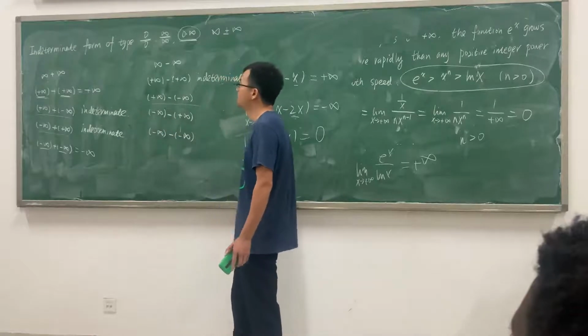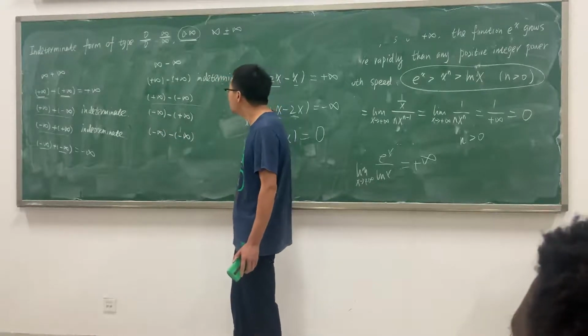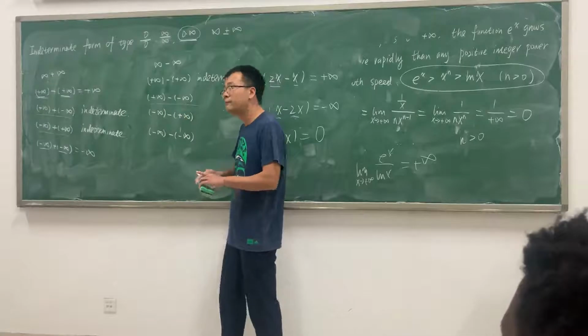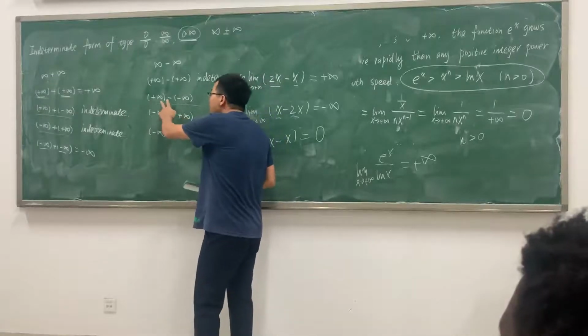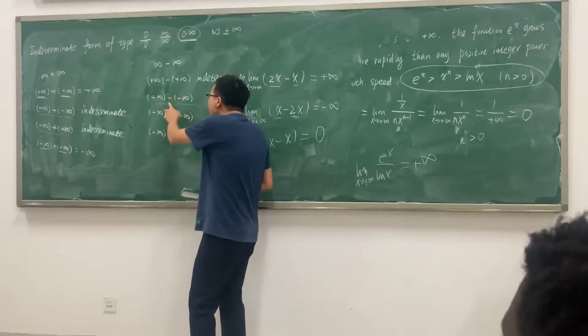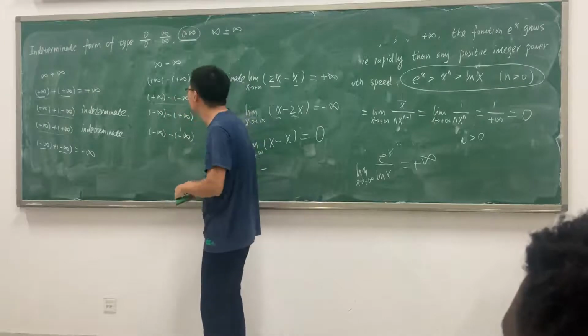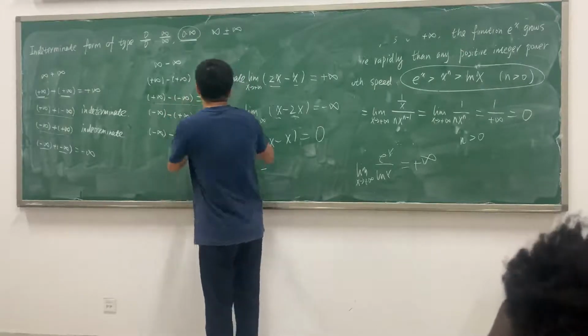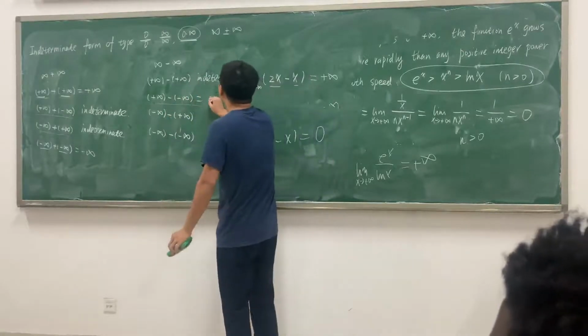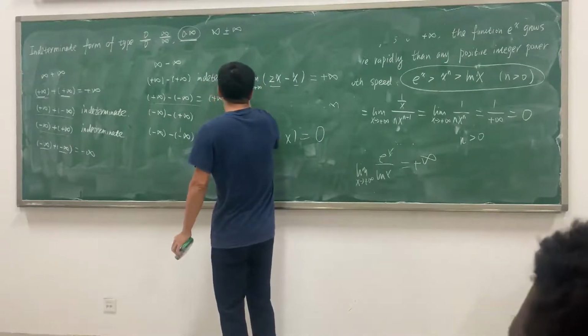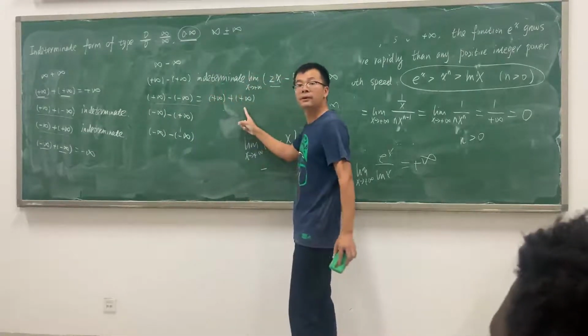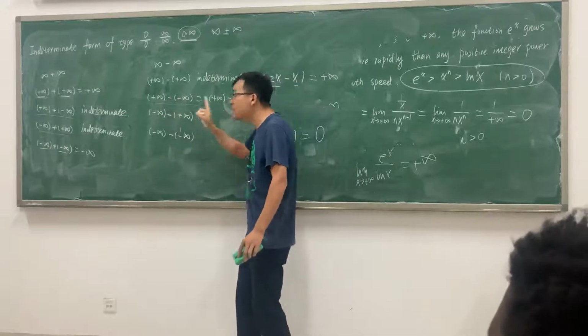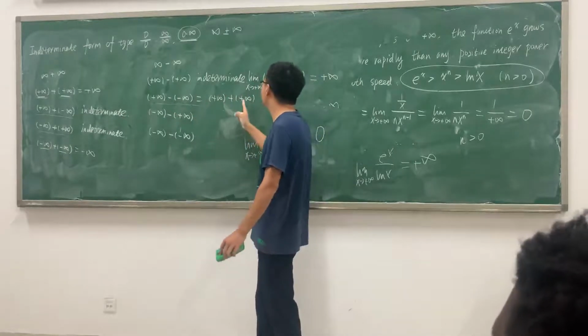So what about the next one? Plus infinity minus minus infinity. Minus minus is plus, so here it is actually plus infinity plus infinity, which equals plus infinity.